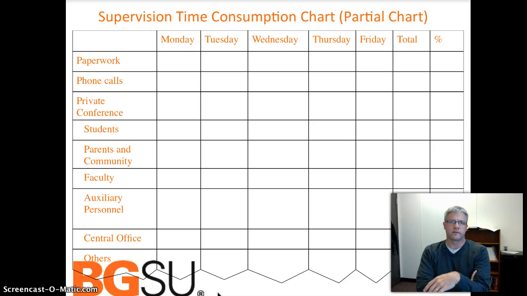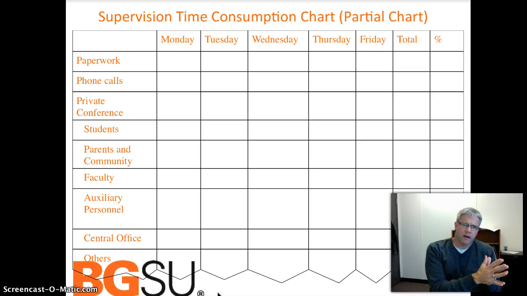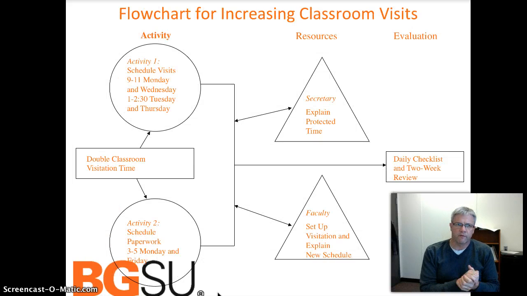Being at central office for 3/4 of the day at meetings, and then returning phone calls and dealing with paperwork and reporting, and sometimes that faculty and students category might have gotten really small. So these are things to consider as you look at the way in which you are allocating your time and making use of your experiences.